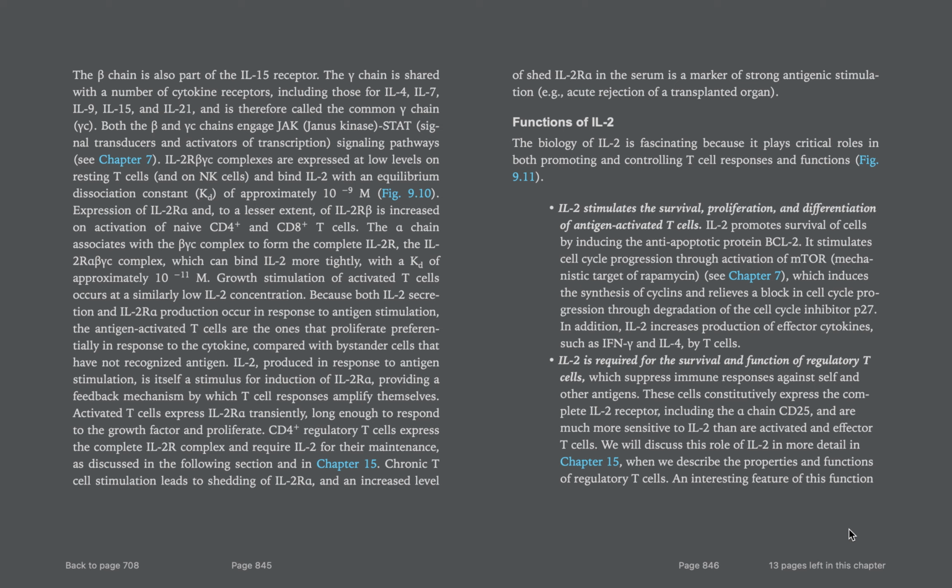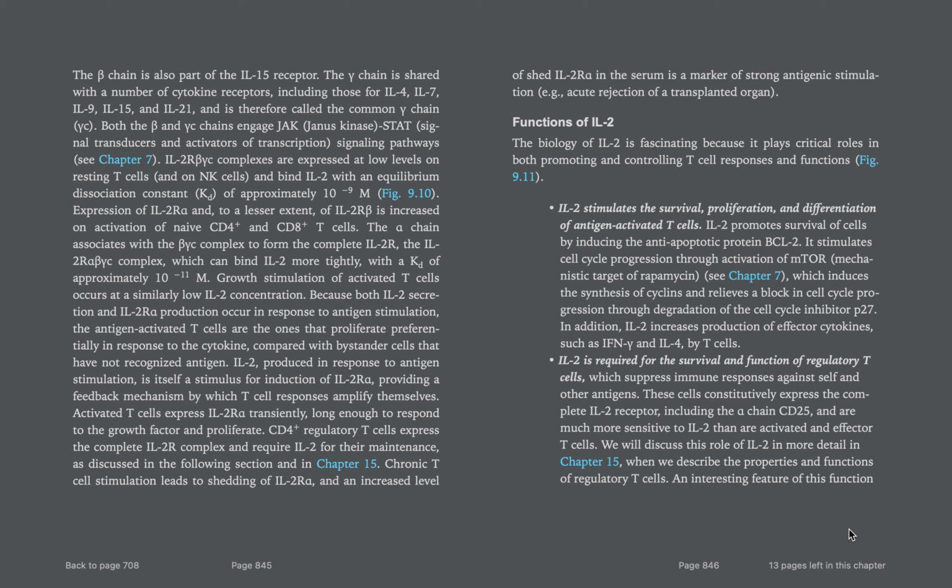On activation of naive CD4 and CD8 T cells, the alpha chain associates with the beta gamma C complex to form the complete interleukin-2 receptor, which can bind to interleukin-2 more tightly with a dissociation constant of approximately 10 to the power negative 11. Growth stimulation of activated T cells occurs at a similarly low interleukin-2 concentration.